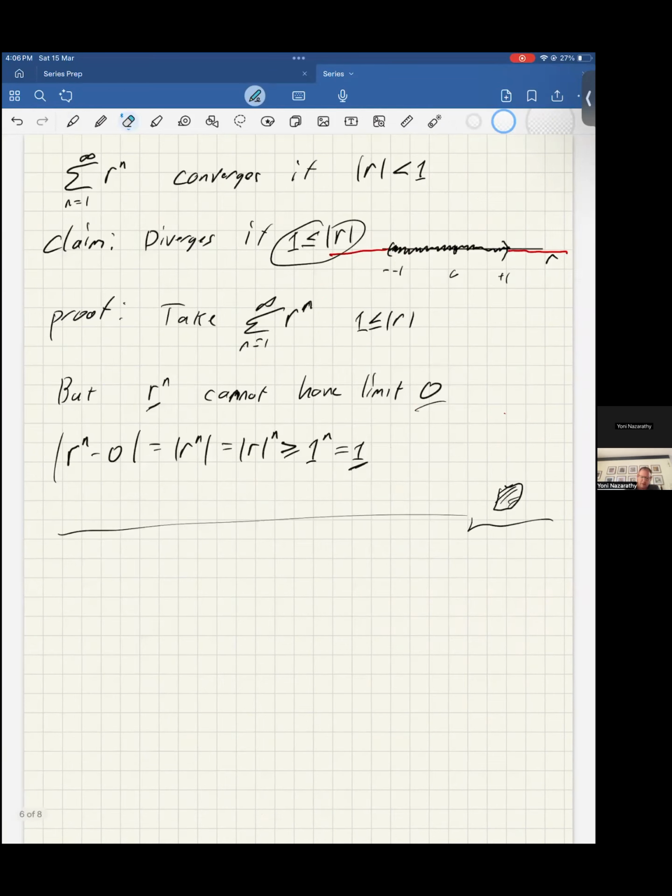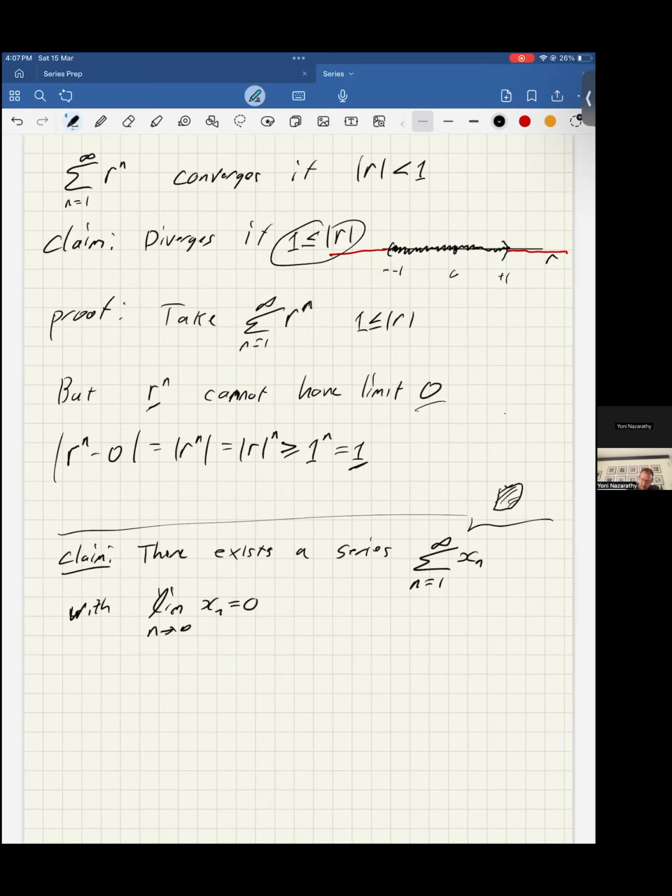Here is a proof. Claim: there exists a series, sum n from 1 to infinity of x sub n, with limit as n goes to infinity of x sub n equaling 0, that diverges.